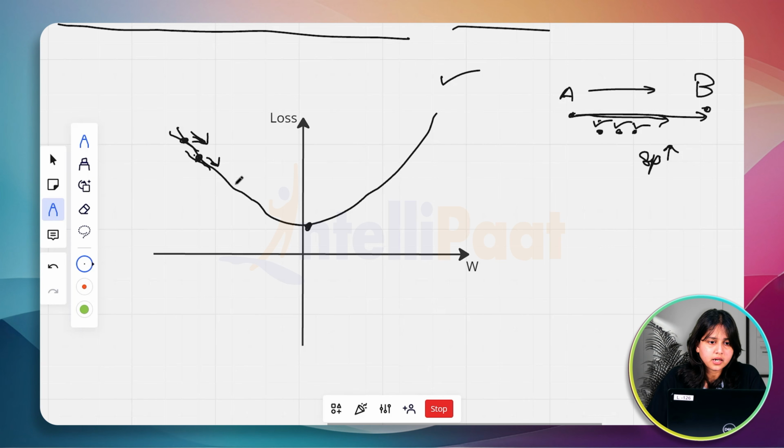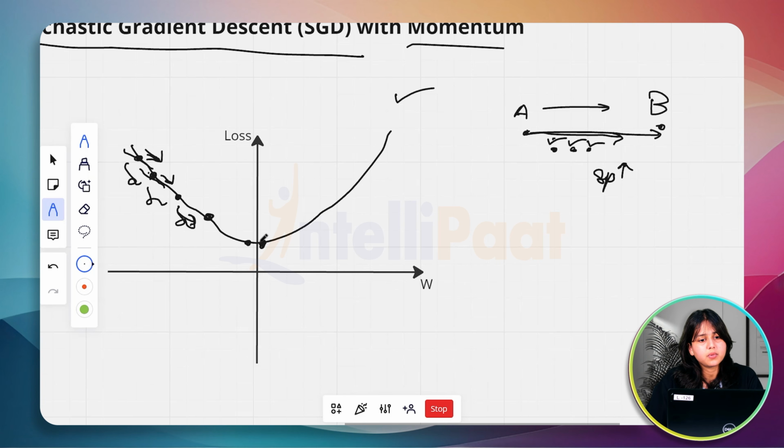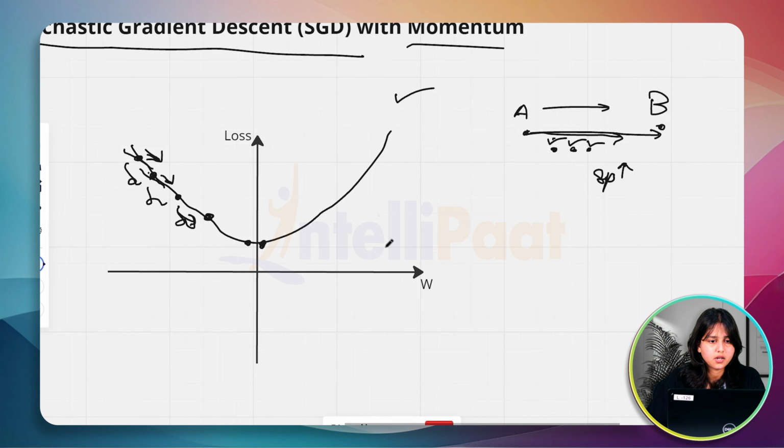So once you do that, your next stop would probably be further apart than your previous stop, right? So the more confirmations you get, the distance between your stops increases, right? So this is how you would reach your global minima faster.